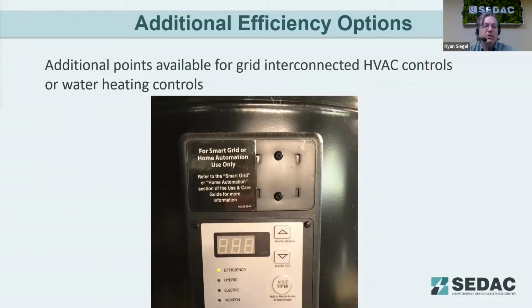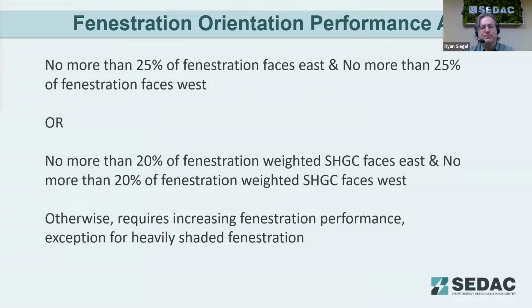Also adding some additional points. Noted earlier, you do have to pick up some additional efficiency points for design construction, allowing some points for grid interconnected or demand response controls for HVAC or hot water or domestic water heating, adding some additional points for that. And also adding a fenestration orientation performance adjustment.